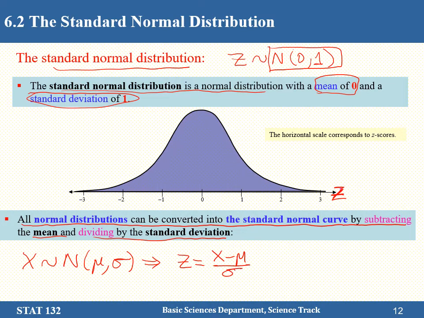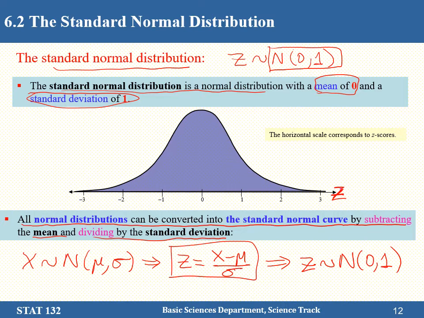If you do this conversion, the new variable z will have a standard normal distribution. The good thing is that the area under that curve is calculated, and a standard normal distribution table is prepared, so any question about x can be changed to a question about z, and then we can use the table to get the probability or the percentage.